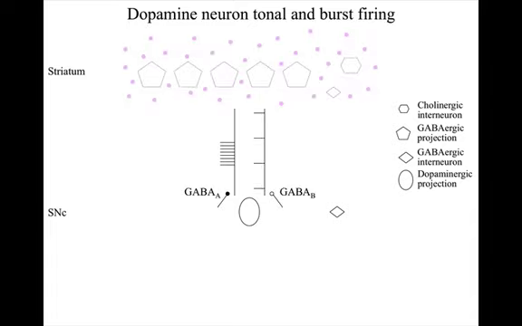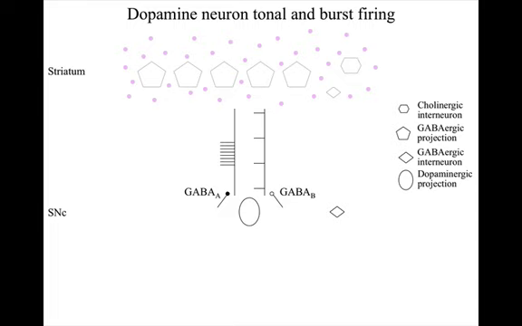Burst firing and tonic firing are separately regulated. Blocking GABA A receptors in the SNC triggers burst firing, and blocking GABA B receptors increases the probability that a dopaminergic neuron will be in the tonic firing mode. The proportion of dopaminergic neurons in the tonic mode determines the background dopamine concentration in the striatum.